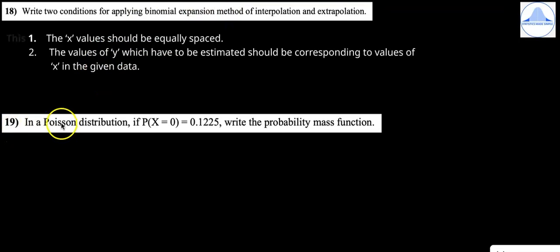19th question. In a Poisson distribution, if probability of x equal to 0 is equal to 0.1225, write the probability mass function. So start the problem, write given. They have given us probability of x equal to 0.